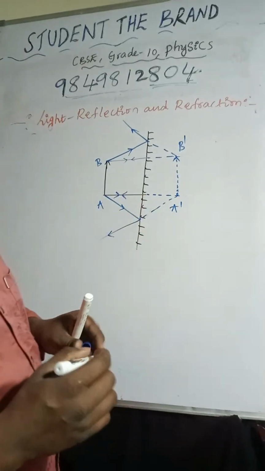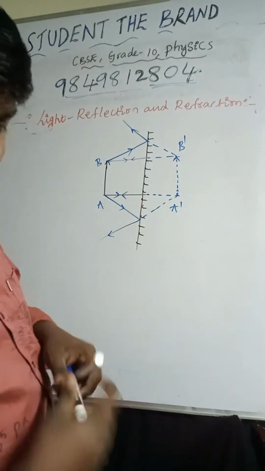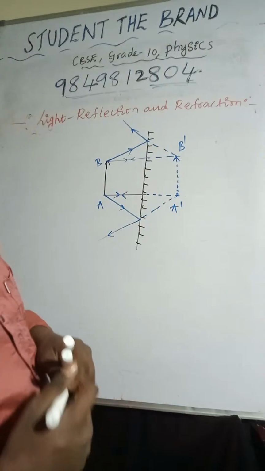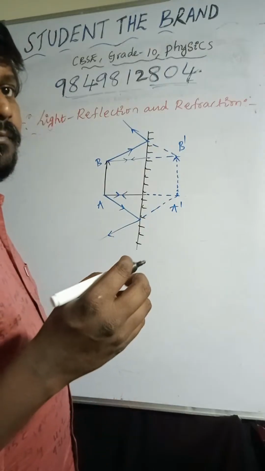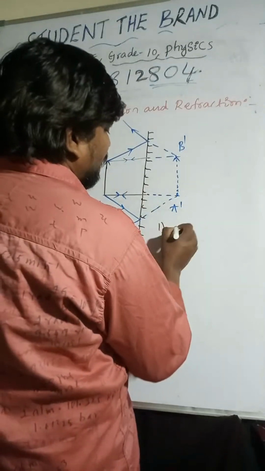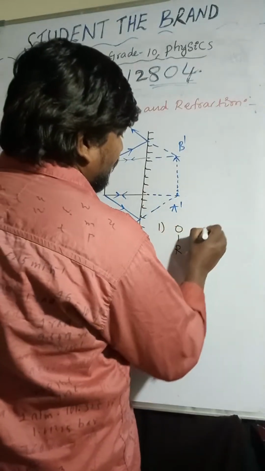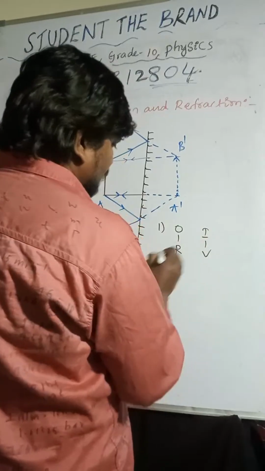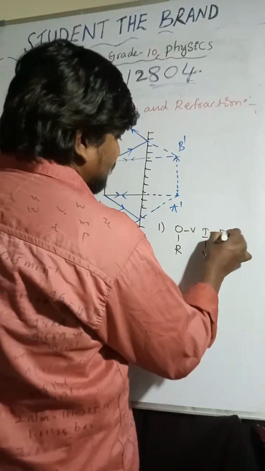First point, object is real, image is virtual. Object is virtual, image is real.